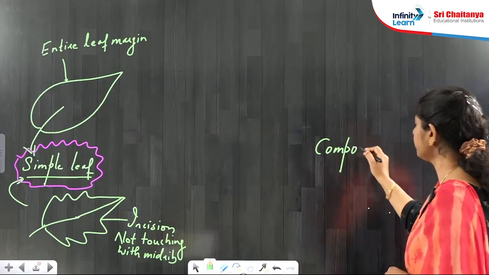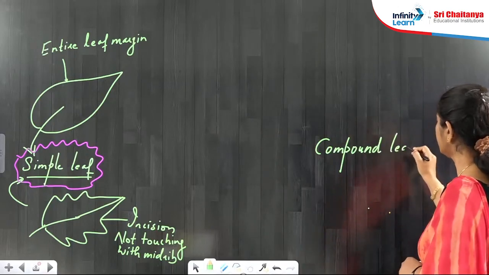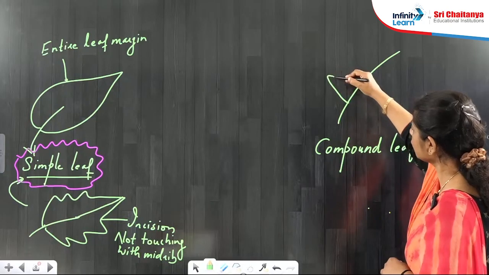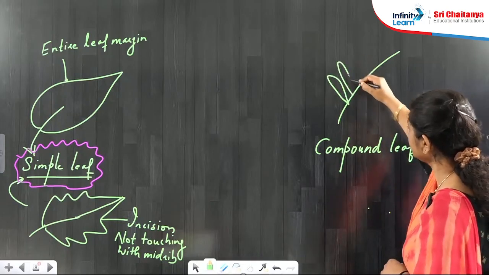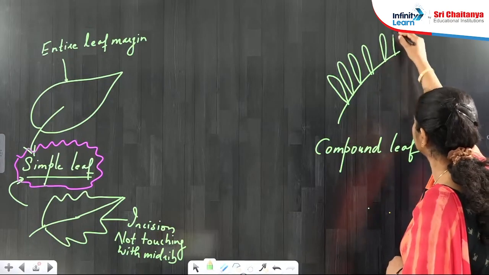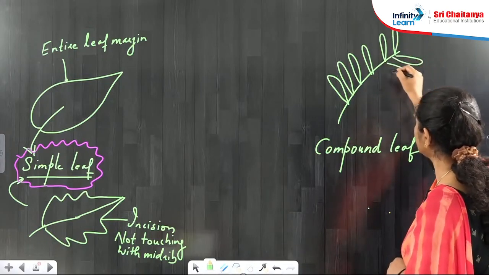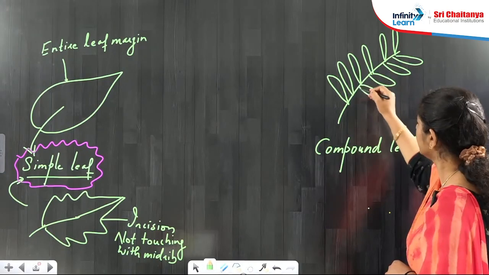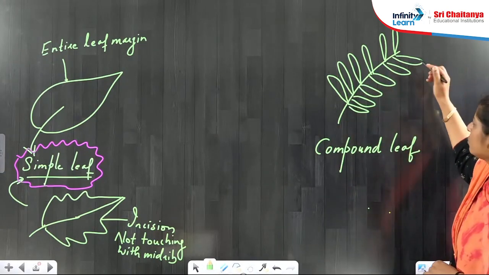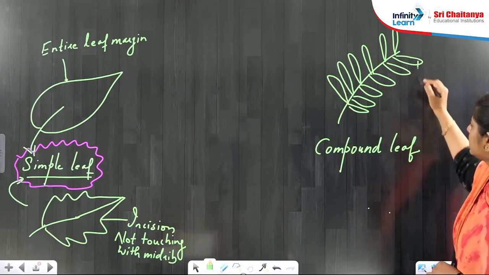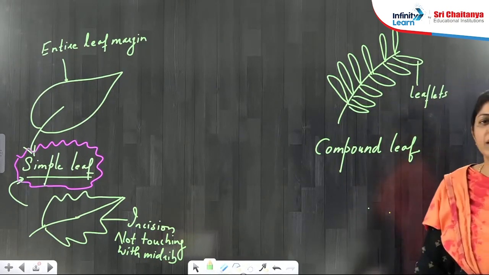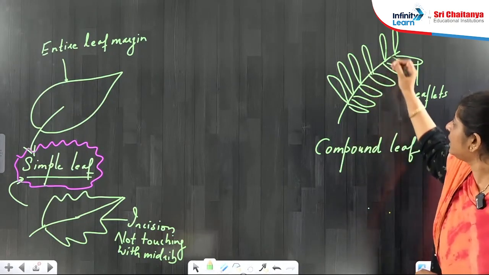In compound leaves, the incision is so deep that it starts touching the midrib. If it starts touching the midrib, can you see it gives out minute structures which you call leaflets? This is not a leaf.